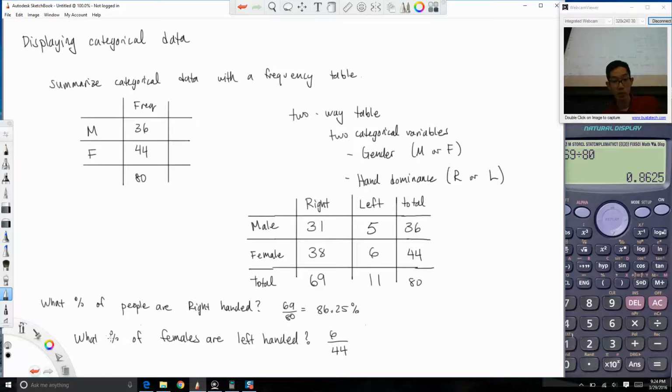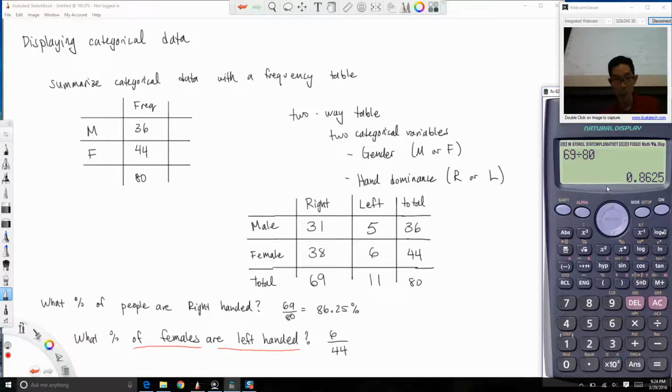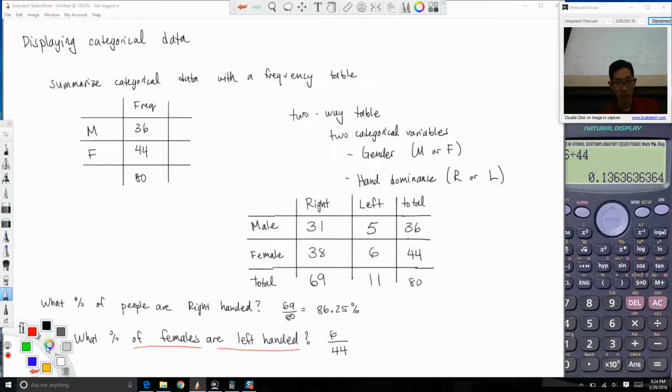In the numerator we would have 6, and in the denominator we would have 44, and so our answer there would be 0.136, or 13.64%, if I round off to 2 places after the decimal.